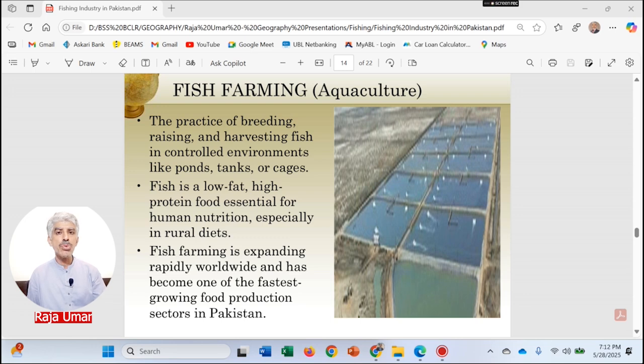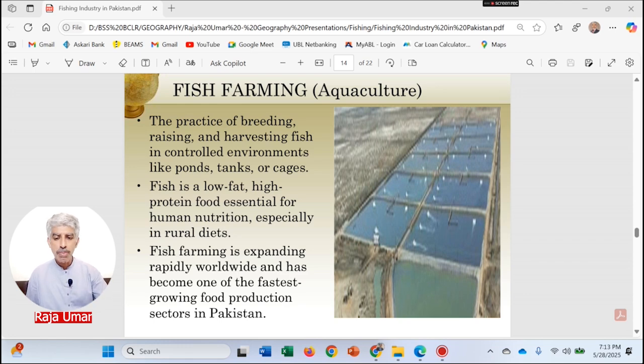Now moving on to another very important topic that comes in your Cambridge exams, that is fish farming. Today we are going to discuss how it is done, what the different types of fish farming are, what fish types are reared in those farms, and what is meant by the term sustainable fishing, and how the government is trying its level best to develop the fisheries on modern lines, so that the sustainability of the fishing industry can be achieved, and to bring maximum foreign exchange to Pakistan because of the development of this industry.